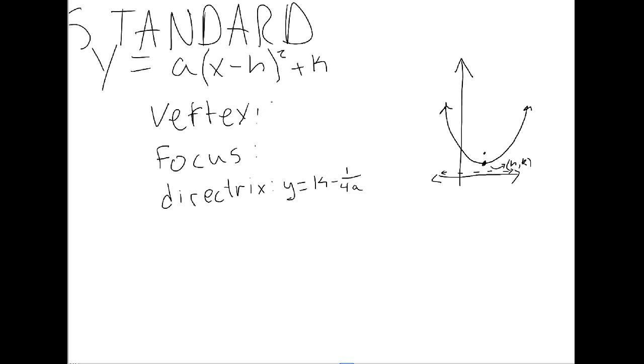Now we said our vertex is h and k. And our focus is an actual point, and it's given as h and then k plus 1 over 4a.